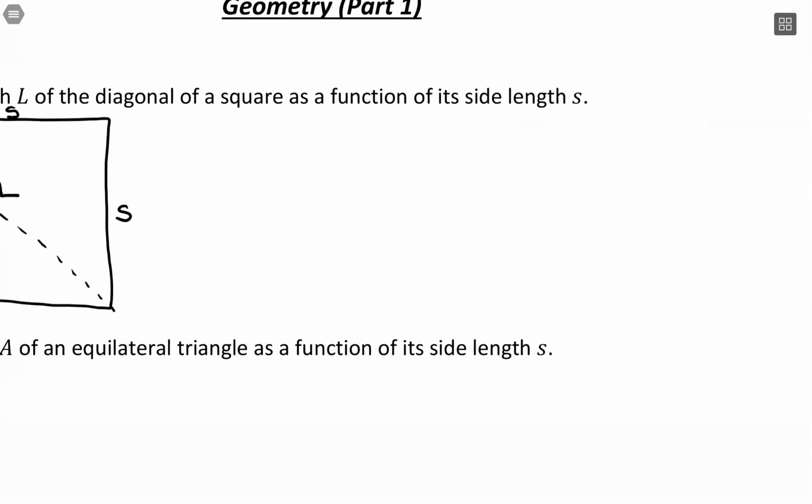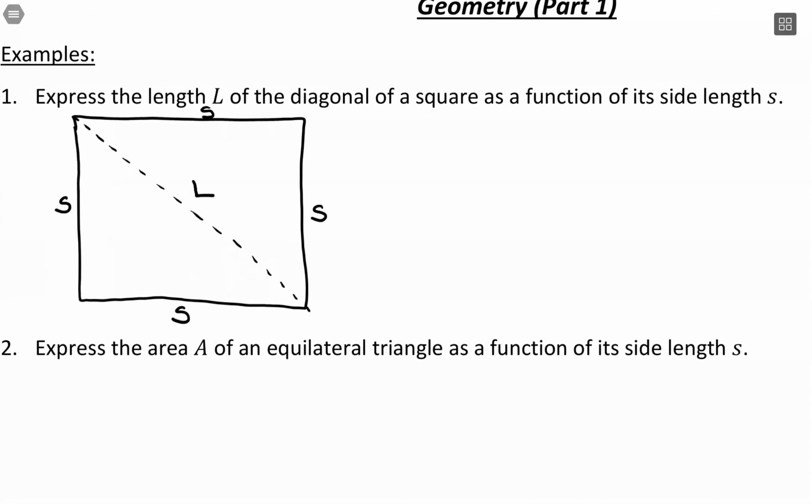So what we want to create by the end of this is a calculation for length given some side length. So we want L of S for our final function here.